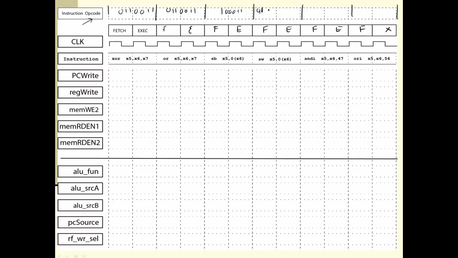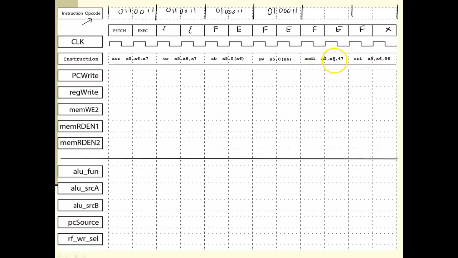0100011. Okay, we'll get rid of this. 0010011. Looks good. Or does it? That's right.